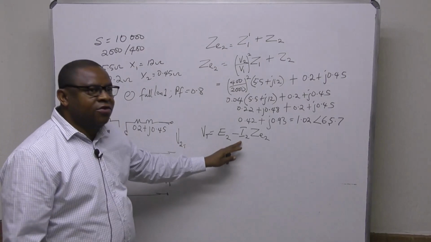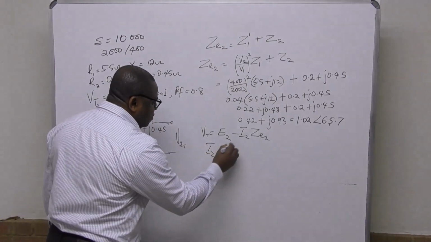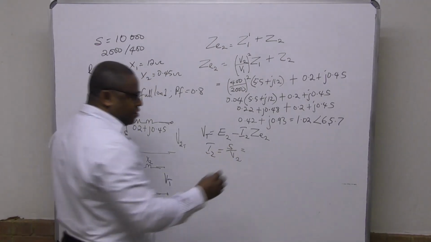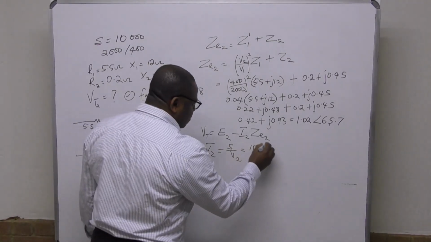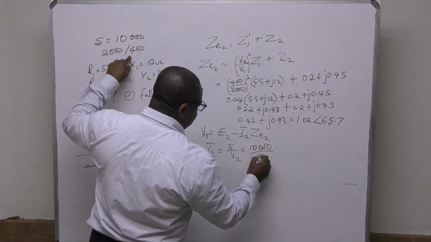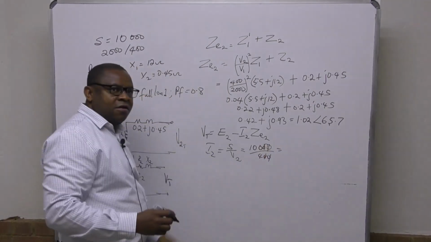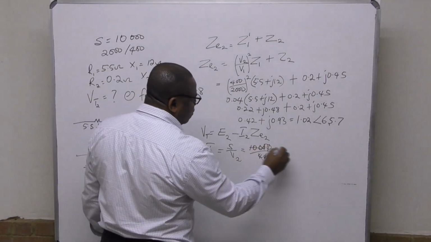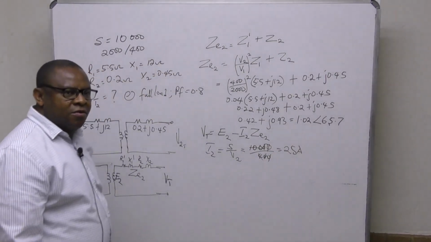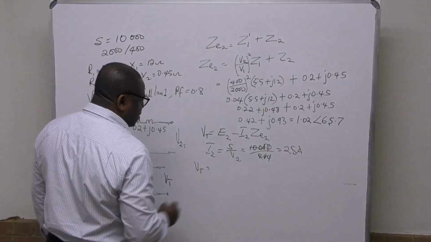We don't know I2, so let's get I2 first. I2 is S over V2, which is 10,000 divided by 400. So you get 25.